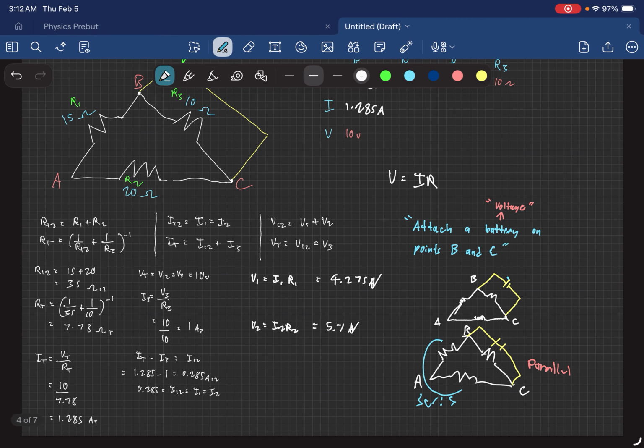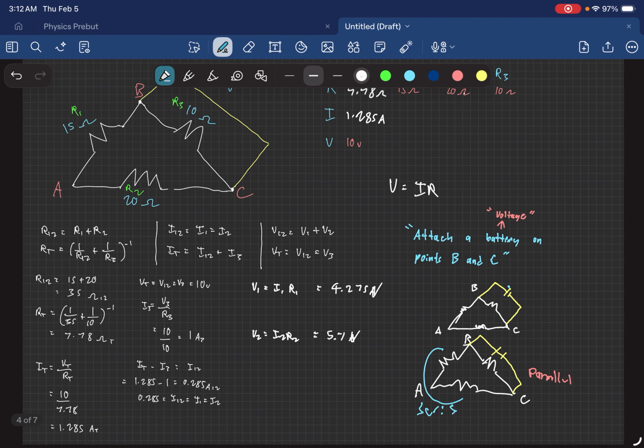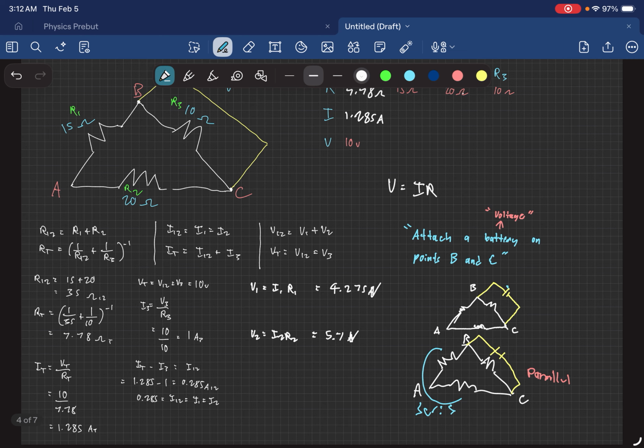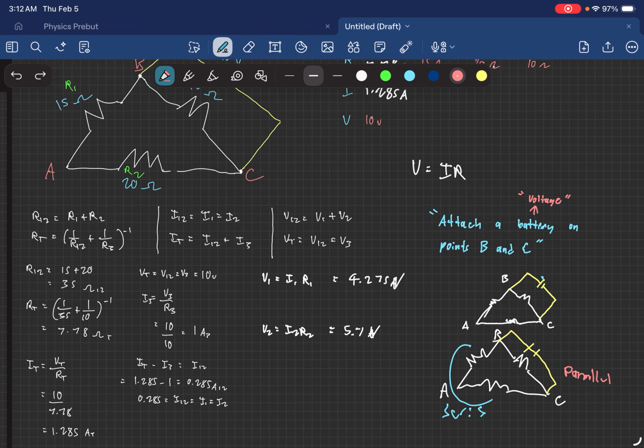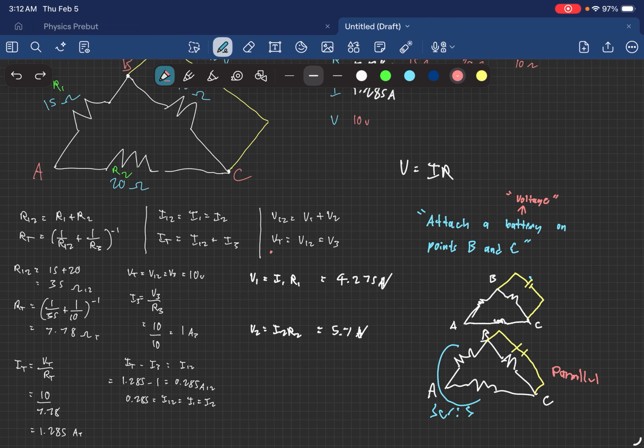Okay, what do we do next? This is the time where we actually try to analyze. We look at our equations again and scan through them. You see here, we have our voltage total. That's given, that's 10. It is also equal to our voltage 3.